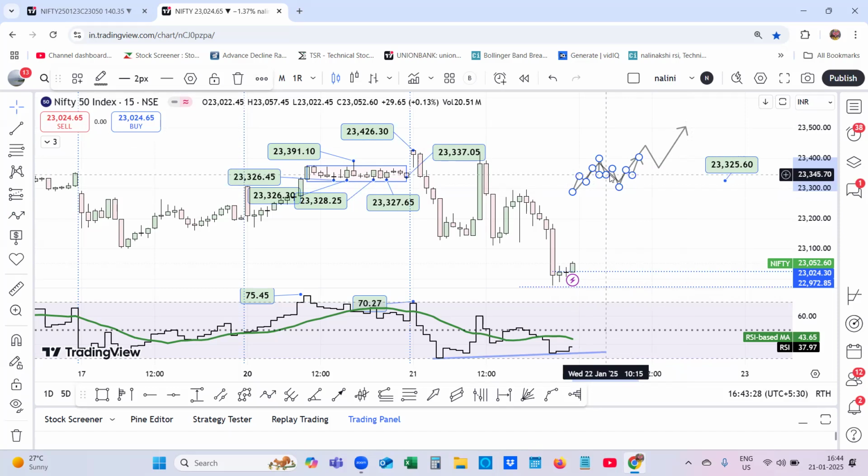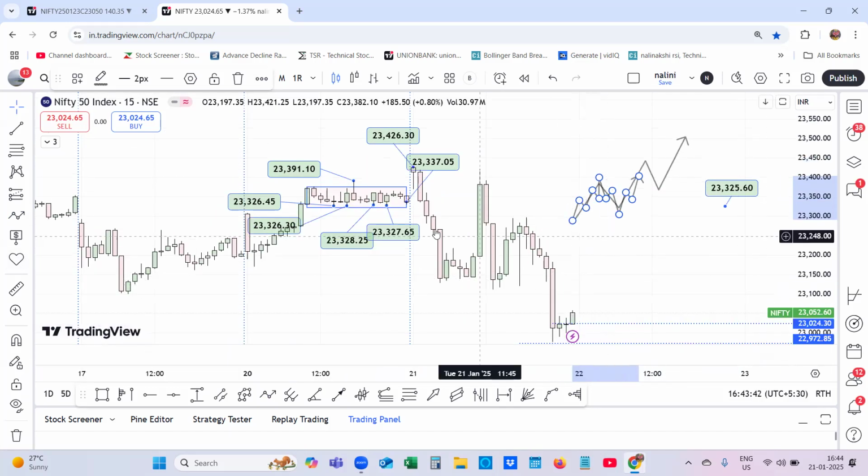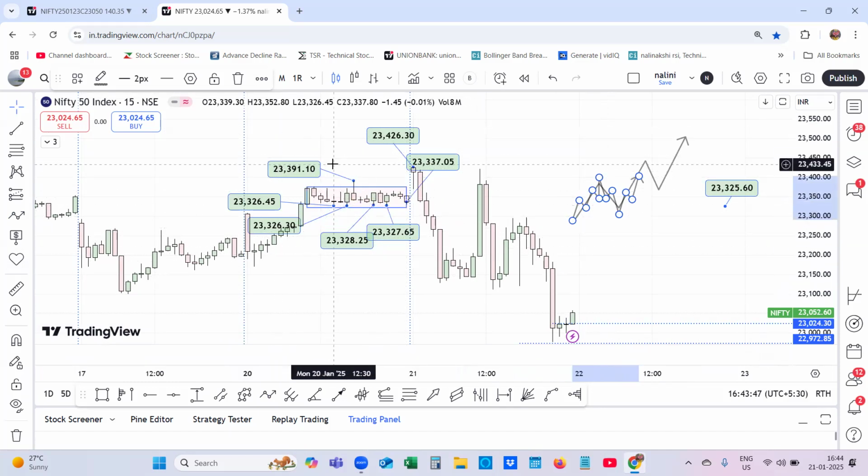Why I'm telling this is we tend to see only the price chart, but you are not able to make out. Let me hide this RSI. Were you able to make out anything over here?